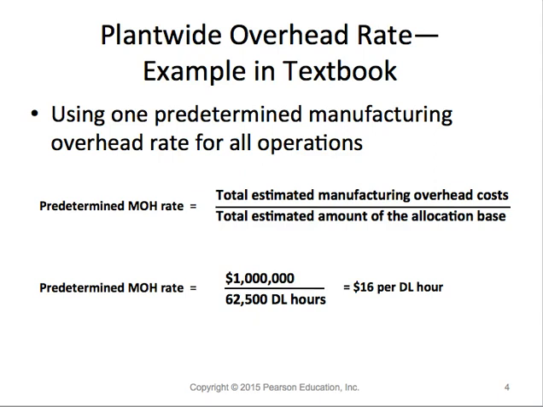So we get $16 per hour. This $16 per hour may be applied to different departments, but different departments may incur different levels of cost. So $16 may not be the accurate number to reflect the different costs that companies may be facing for different departments.